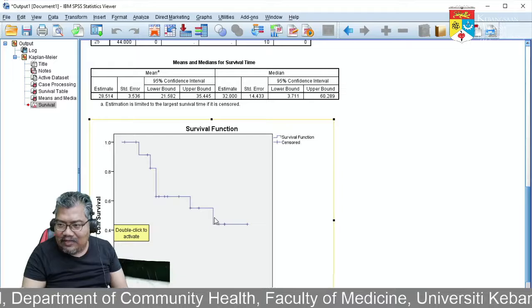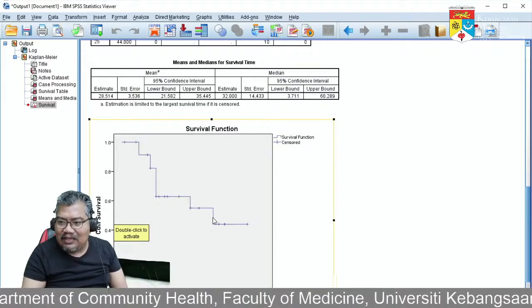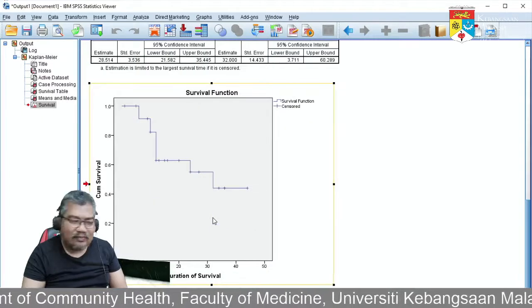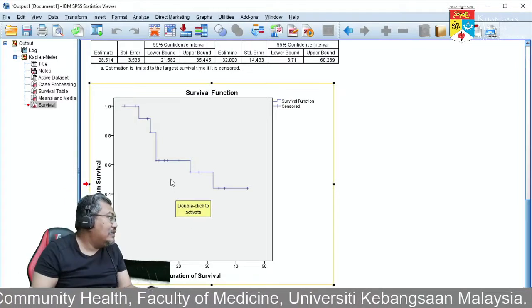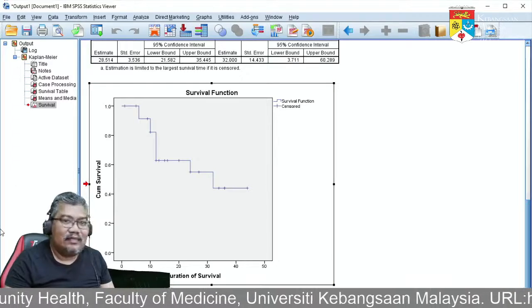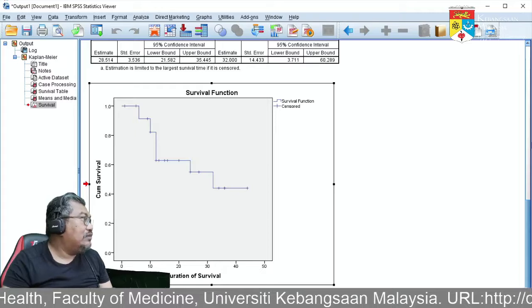At 0.5, it is 32, so the median survival is 32 months, sorry, 32 months in this case. I hope that's clear, how we can calculate the survival.